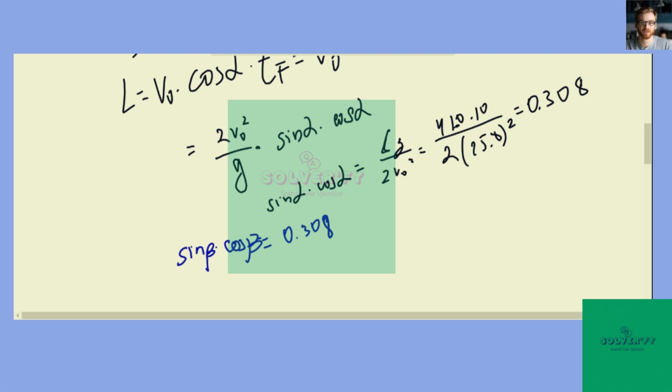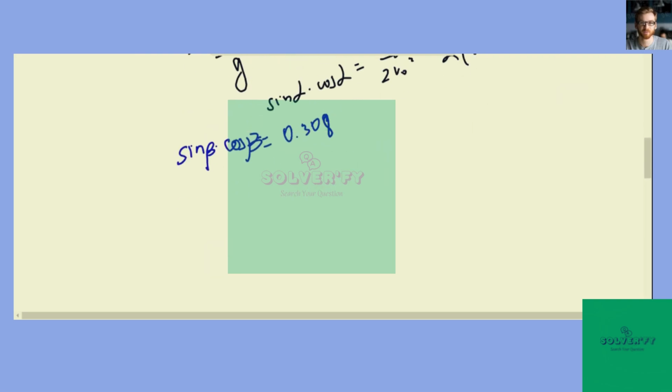And now we have to solve this equation. Honestly, we can solve it in a simpler way. Instead of solving the equation, we have to use a property of sine of pi over 2 minus alpha.